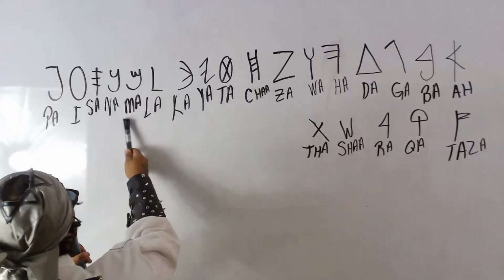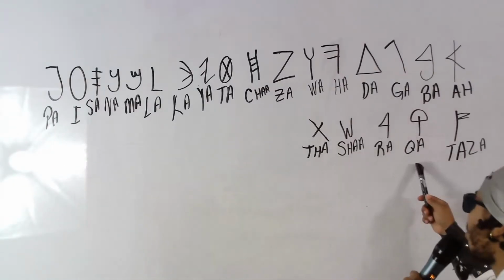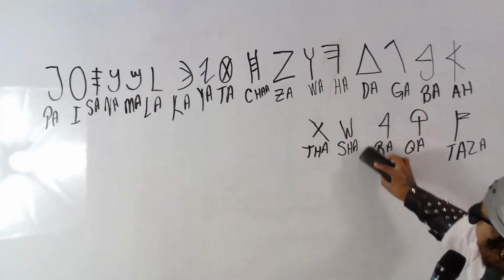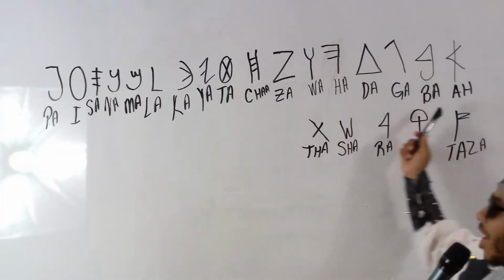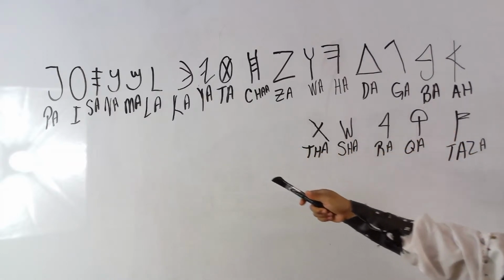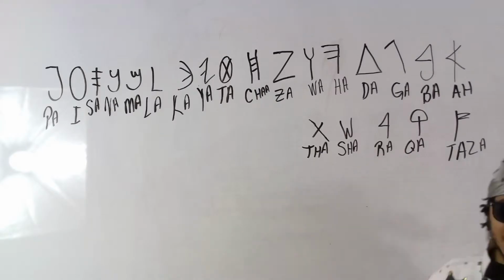Tayaka, La, Ma, Nasa, I, Pa, Taza, Kwa, Ra, Sha, Tha. Sha is just one Sha. 22 characters all the way to Tha.